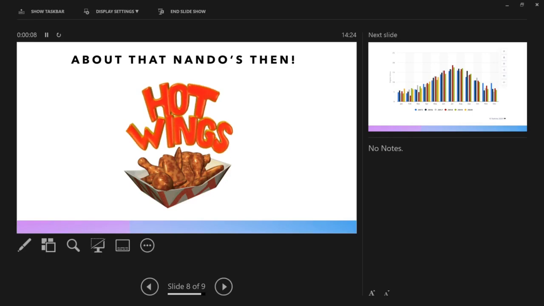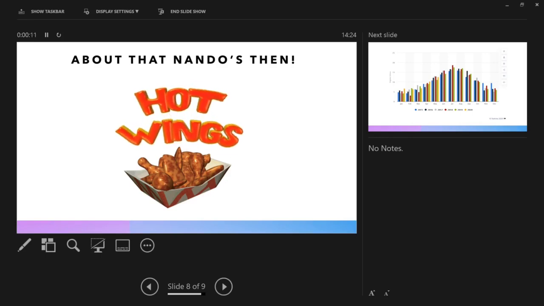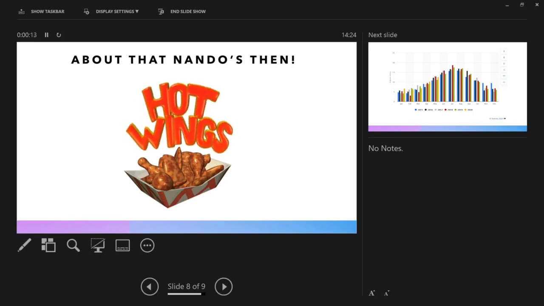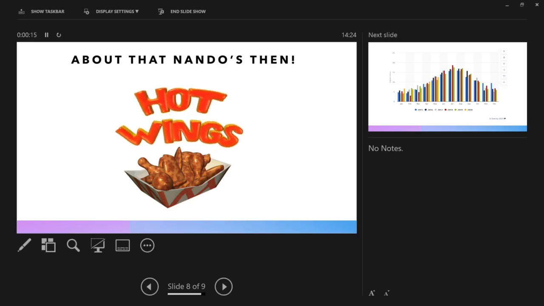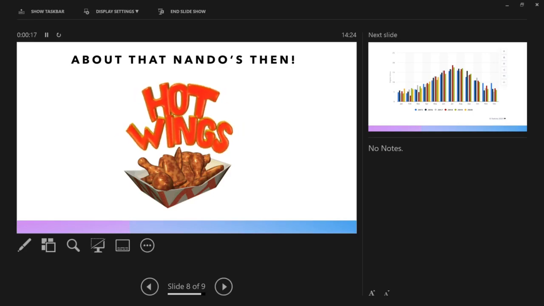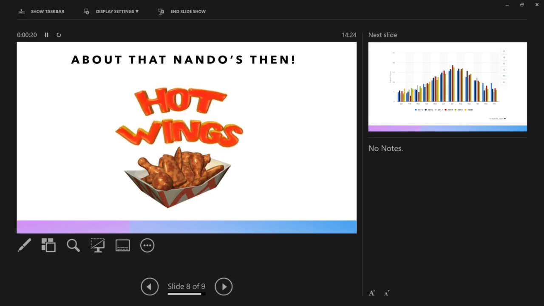So about that Nando's then. This is where we use our newfound knowledge in calculating how many wings are going through the wall. So we're just going to look at one wall.